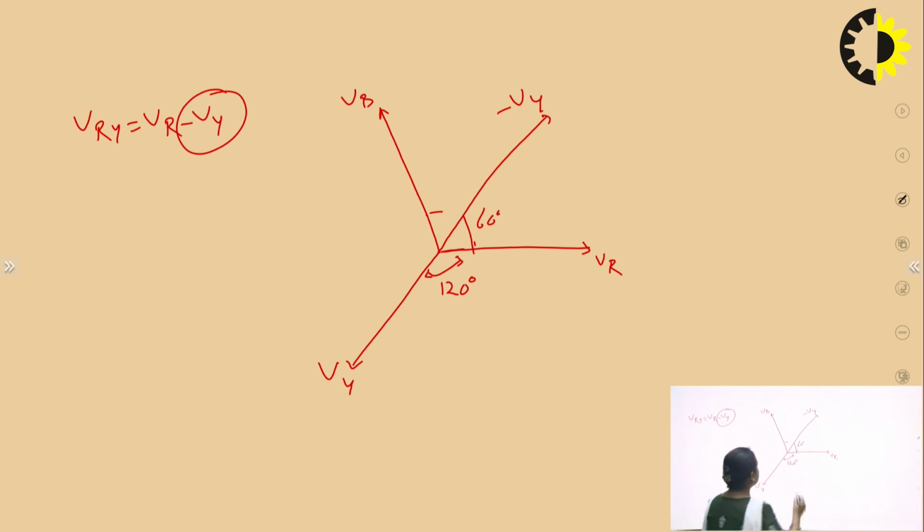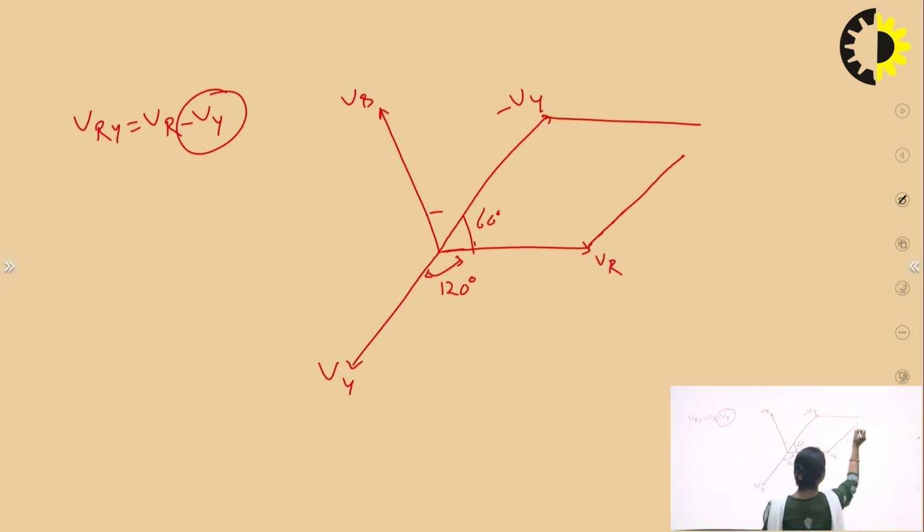Now if you draw the resultant of VR and VY, you will get VRY. How will you draw the resultant? You draw one line from here parallel to minus VY, and from here you draw a line parallel to VR, and they will meet at a particular point.